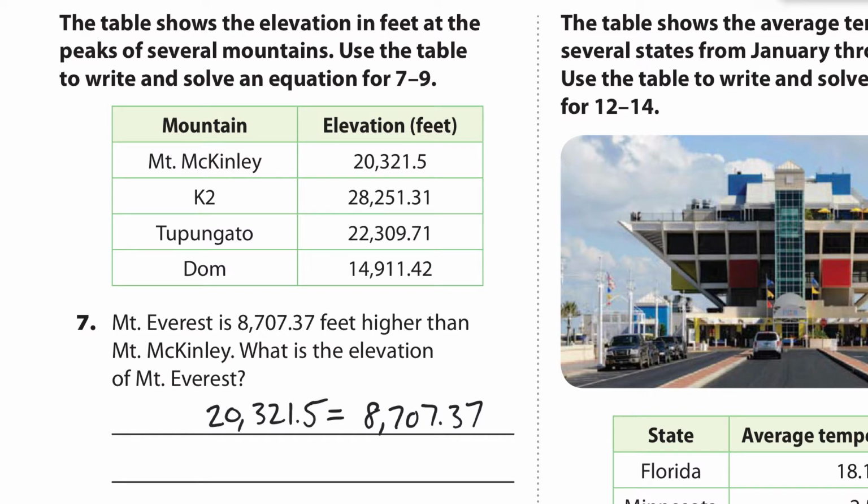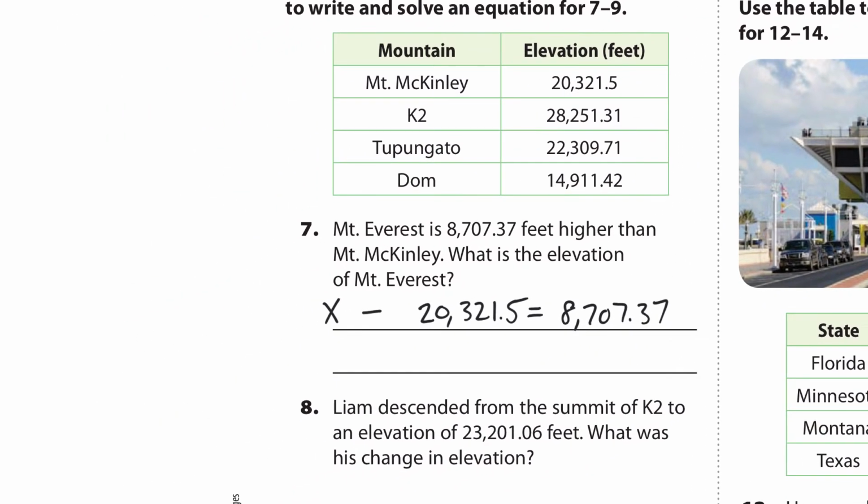What's the elevation of Mount McKinley? So if you take some height and you subtract Mount McKinley, you end up with the height of Mount Everest. Okay, so we've written the equation. And let's go with the solution now.